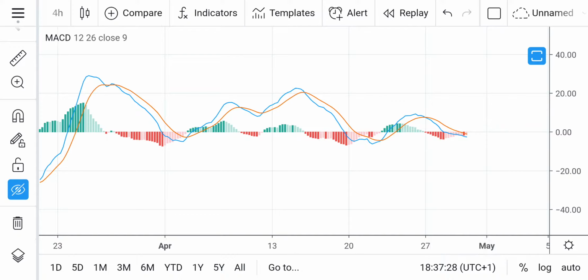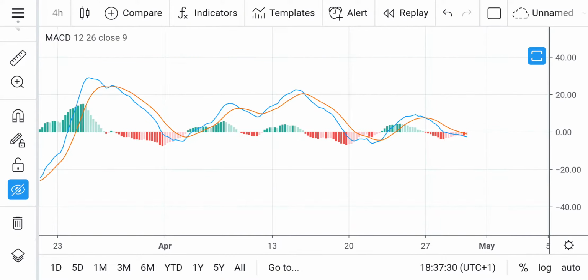So how do you use the MACD to identify momentum in the market? For you to use MACD to identify momentum in the market, you have to look at the histograms, the red and green bars. So those are your histograms.